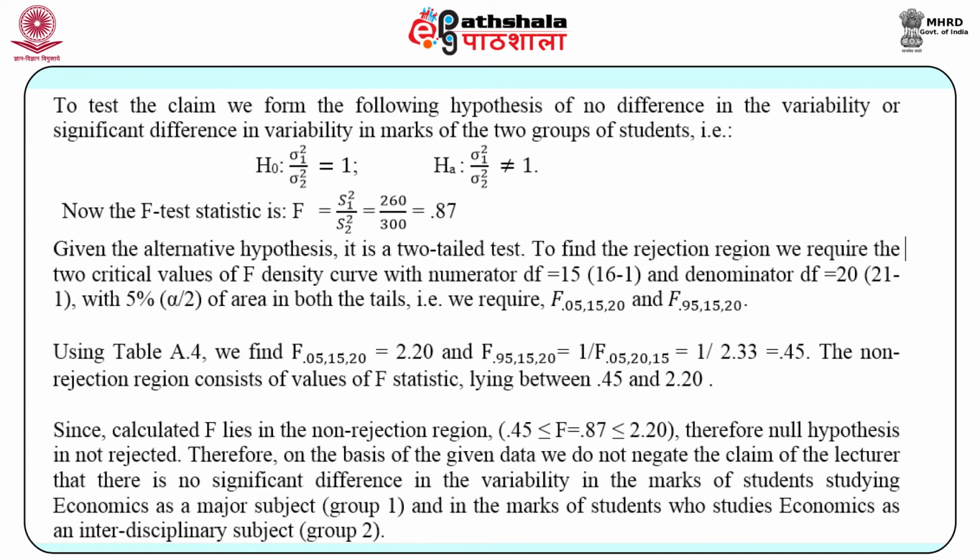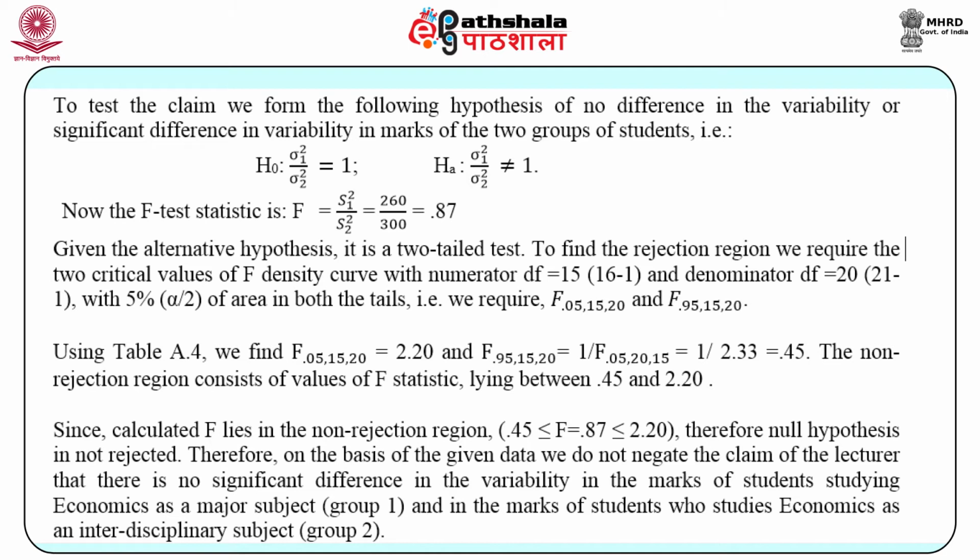So we require F 0.05, 15, 20 and F 0.95, 15, 20. Now using table A4, we find F 0.05, 15, 20 is 2.20 and F 0.95, 15, 20 is equal to 1 upon F 0.05, 20, 15, which is the same as 1 upon 2.33 and is equal to 0.45.